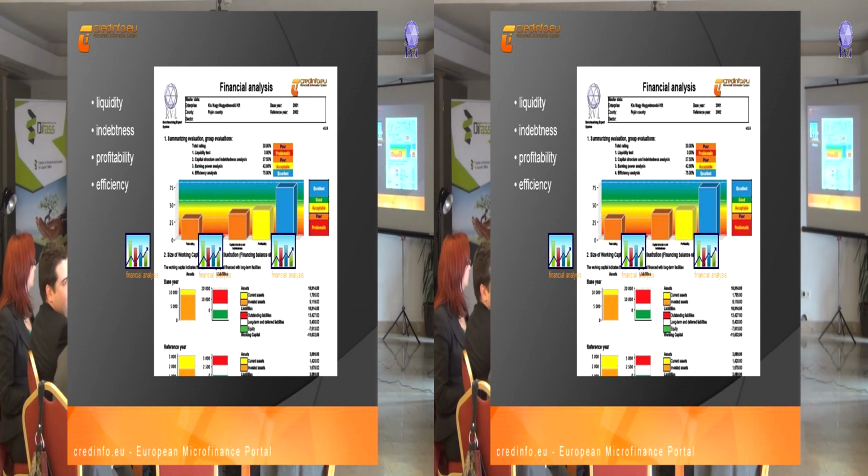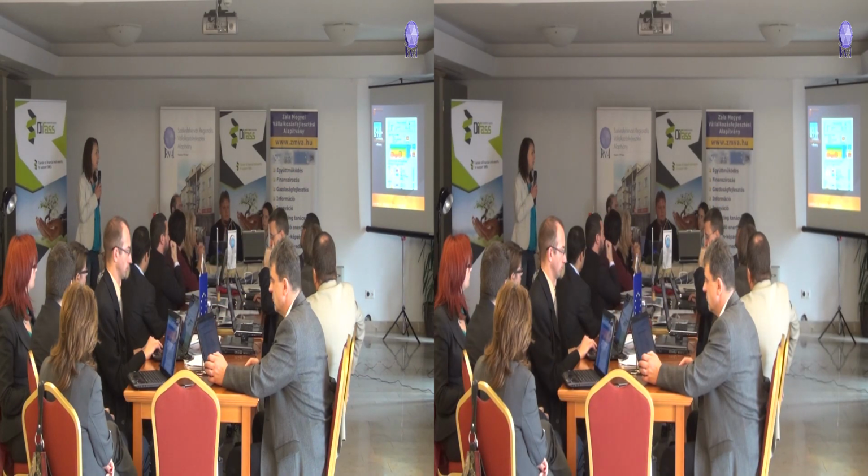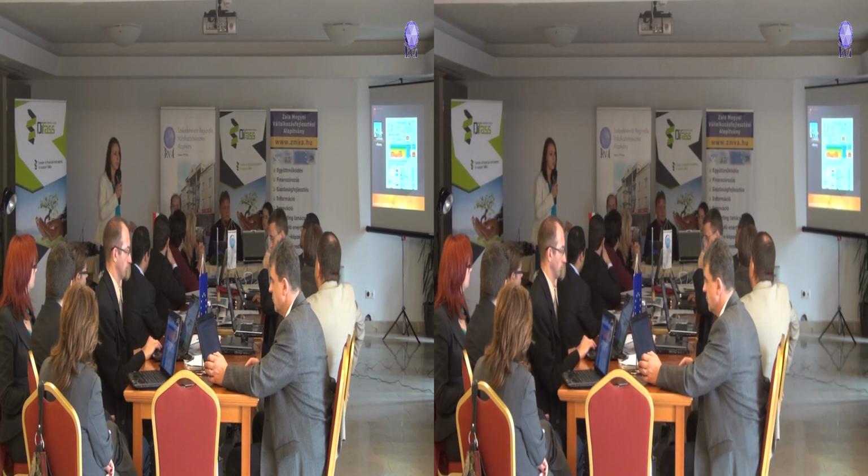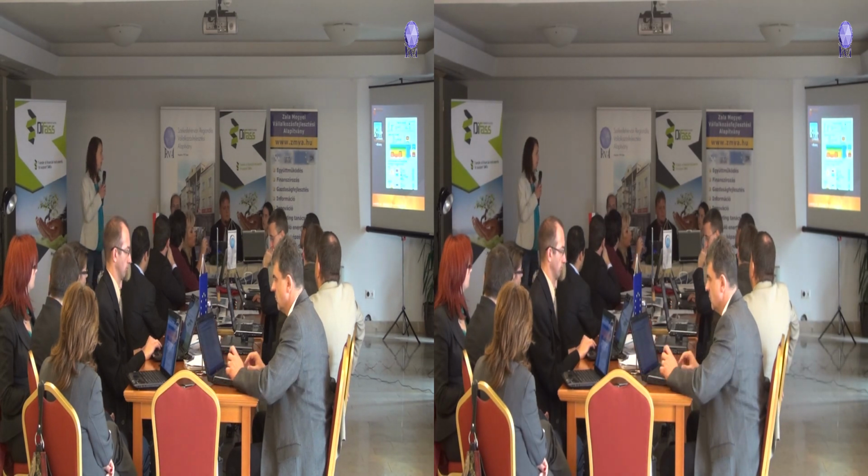And it's very easy to understand the analysis because we use color codes. These color codes show the level of performance of the company, and it checks the credit worthiness as well. So it's very useful for the loan assessors and for the companies as well.